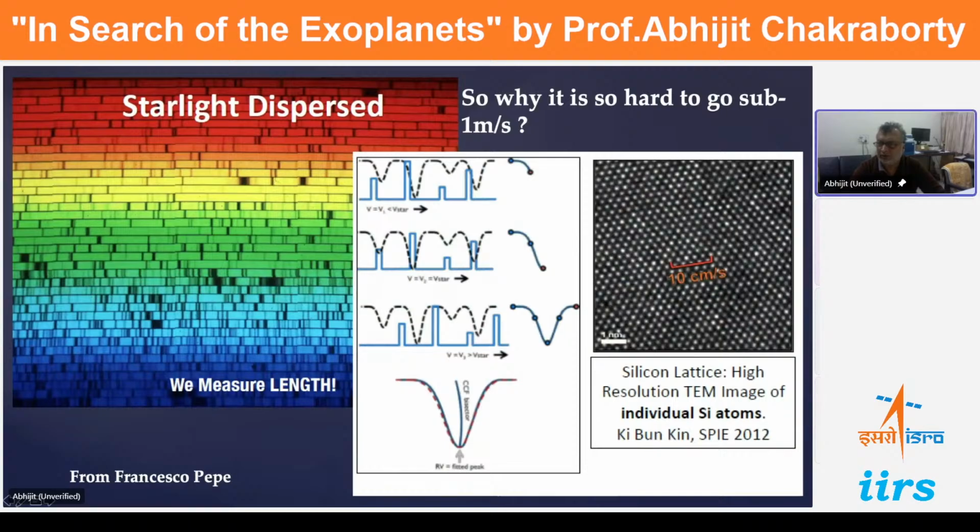If you want to detect 10 centimeters per second, then you have to determine 1, 2, 3, 4, 5 atom spaces. Which means that if you want to detect an Earth-like planet going around a sun-like star, which produces a Doppler wobble of 9 centimeters per second, you have to get down to this level.